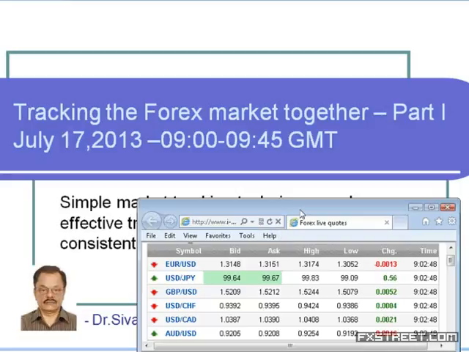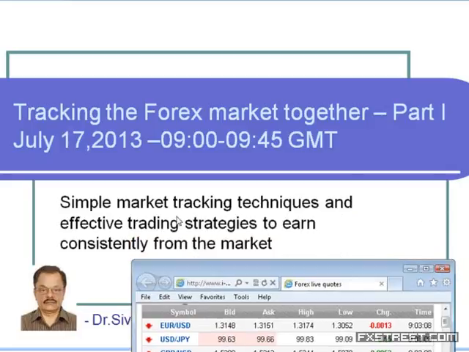But if you develop a system to track the market by ourselves, it gives enormous pleasure and understanding for us, and reduces our market surprises, and as a result the market fear goes off. So how exactly can we design it? It should be a simple market tracking technique, and it should be effective.